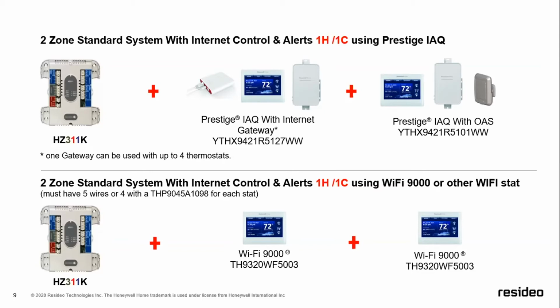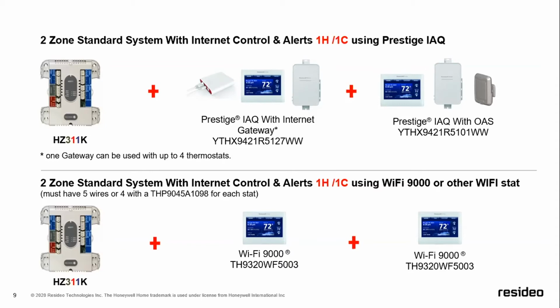But I want your main takeaway, in the top half of this slide, to be the fact that if you want a zoning system that's connected to the internet, and let's just pretend that 311 had been there for 5 years or so, well, you don't have to take out the board that's been chugging along just fine. You can actually add the kits that we're showing in those particular numbers.